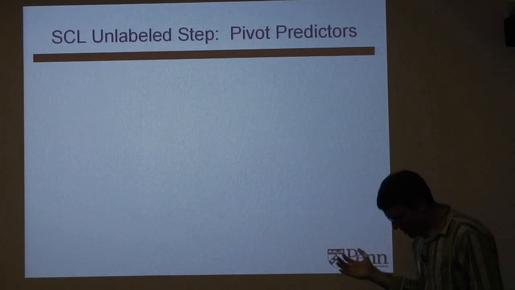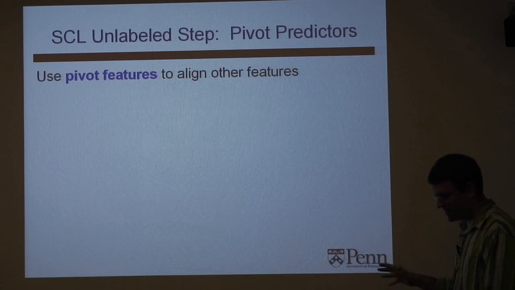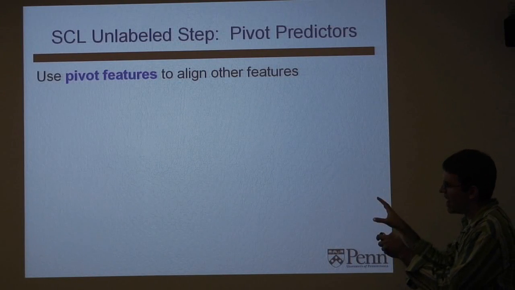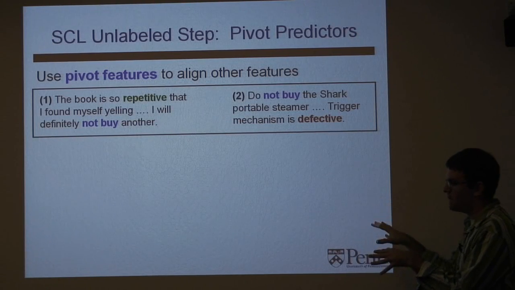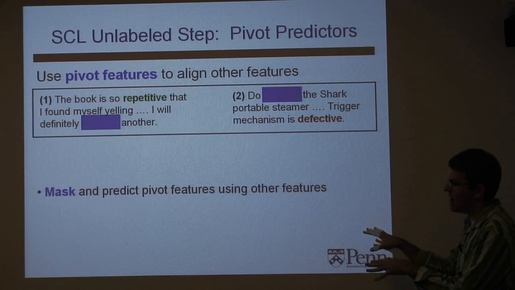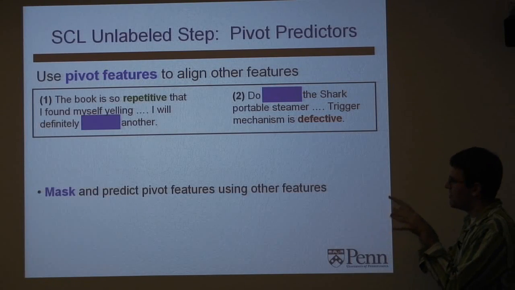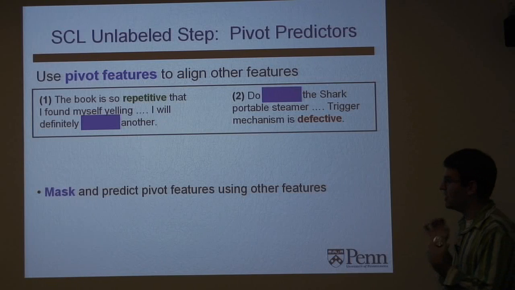So how are we going to actually do this? Well, the idea behind the pivots is just to use them to align other features. So if we go back to our first example with not by, the idea here is that we're just going to cover up not by, mask it, and use the pivot features to predict the presence or absence of not by in this particular example, right?